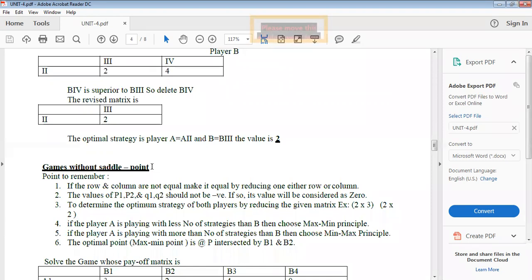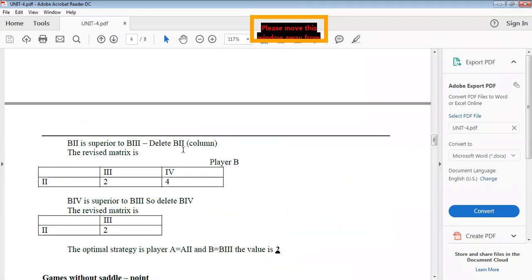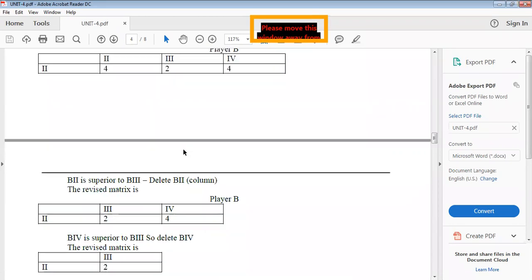So games without saddle point. I hope that with these two examples, you have understood the dominance principle or minimax principle. Minimax principle means row minimum, column maximum.